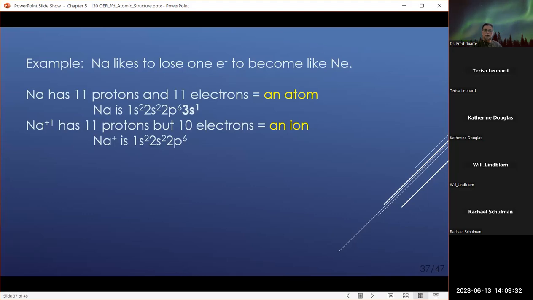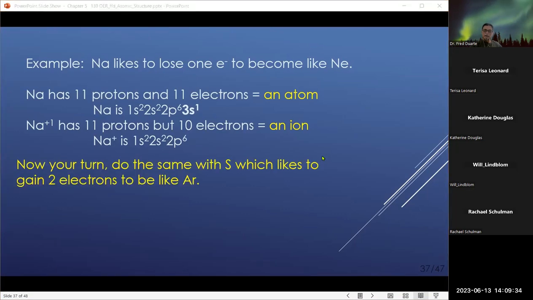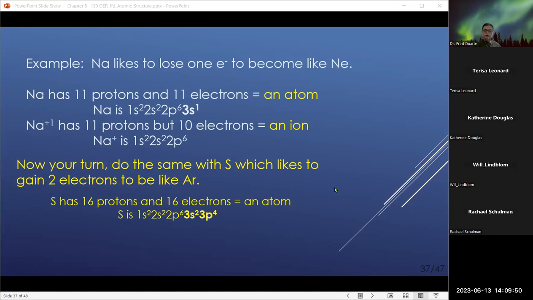All right, now with respect to nonmetals, let's take a look at sulfur. Sulfur is on the right of the periodic table, past the stair step. It is a nonmetal, and like I stated, nonmetals want to gain electrons. So let's look at the electron configuration of sulfur. It has 16 protons and 16 electrons.